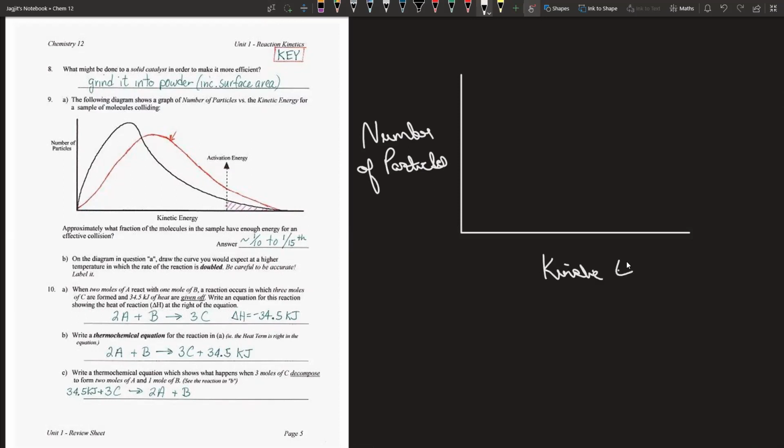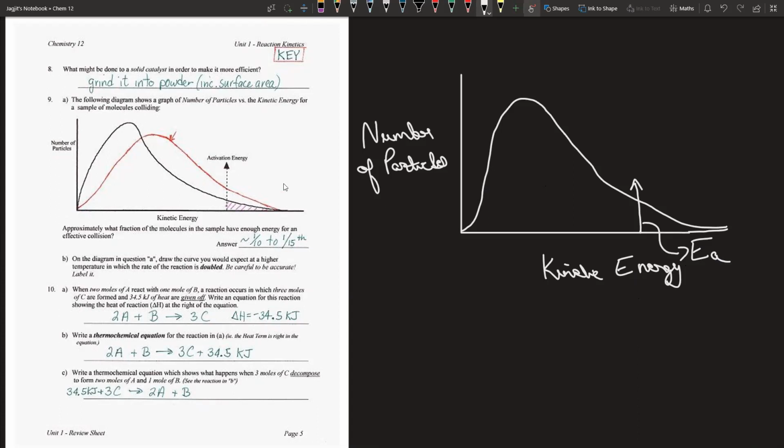They've given you this original graph, which I'll make in white, and this original graph has an activation energy, which is shown. This right here is your activation energy. Does that make sense?